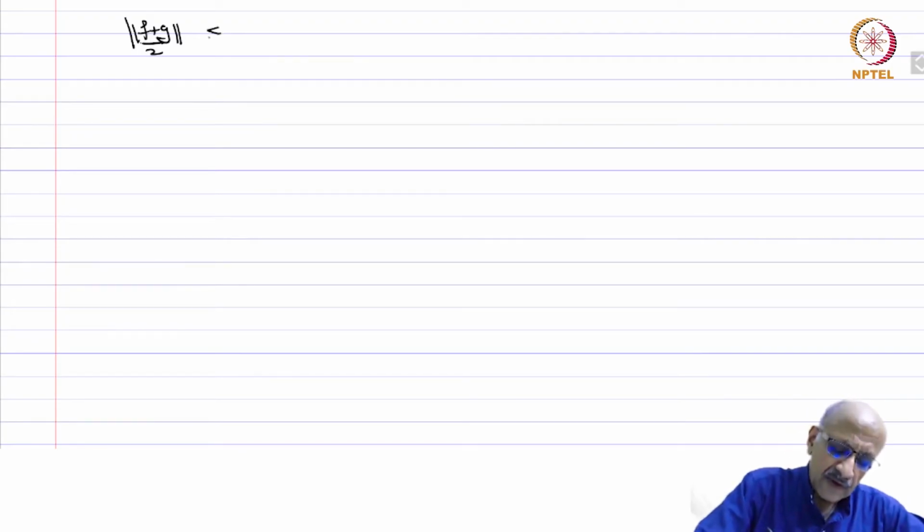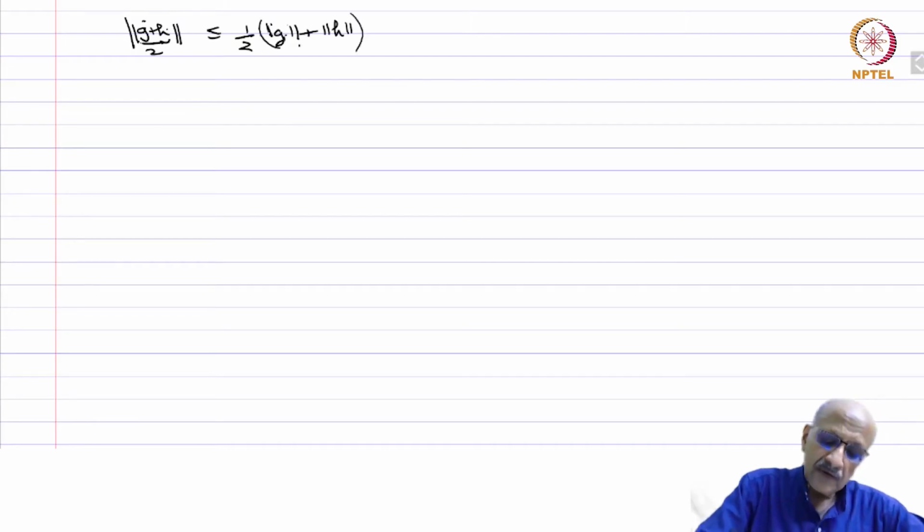This is of course less than or equal to 1/2 of norm G plus norm H. Each is equal to norm F, so this is equal to norm F.